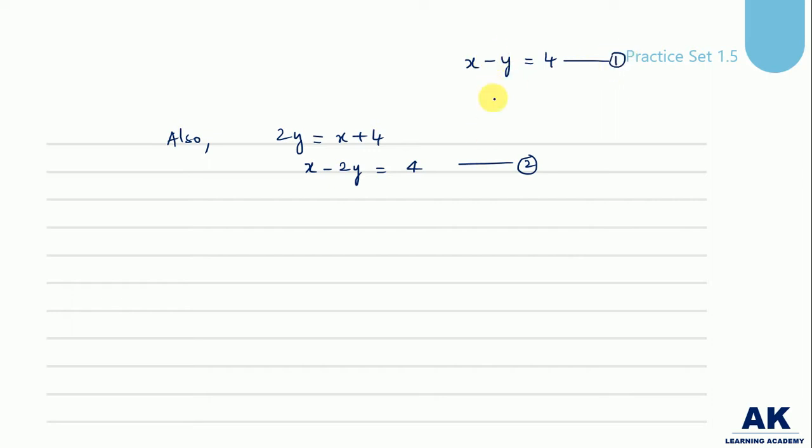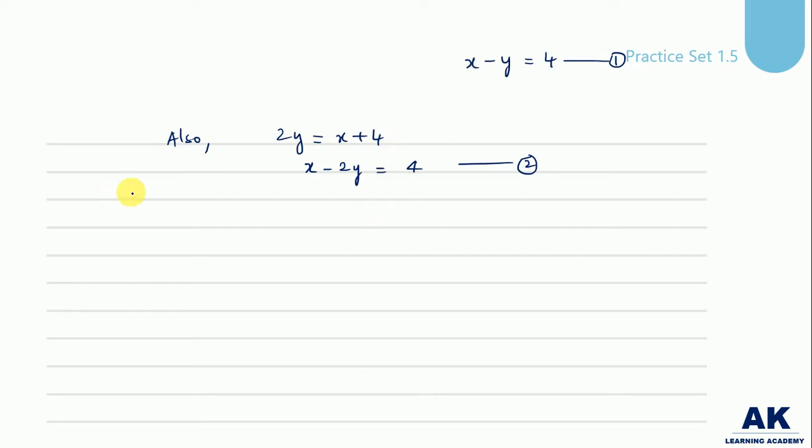If you compare these two equations, and if we subtract this equation, then the x and x variable get cancelled. So we are left with the y variable, through which we can calculate the value of y.